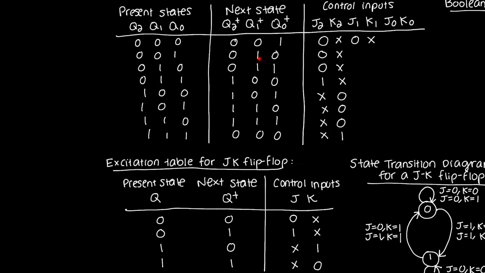Transitioning from a 0 to a 1, that's a 1x. I'm transitioning from a 1 to a 1, x0. I am going from a 1 back to a 0, so I need to write x1.